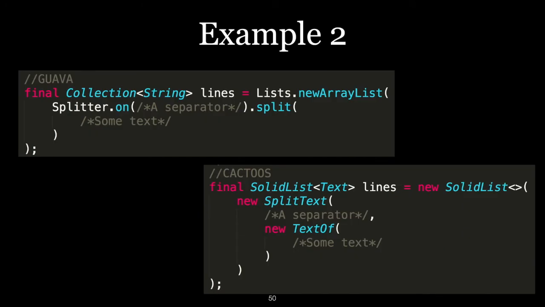I have another example here. The first one is in Guava, and the second one is in Cactoos. So you have a collection of lines, and I want to split them with a separator, and you want to split some text. The second example is doing exactly the same. So I ask you again, which one do you think is more readable or understandable, even without knowing any Java?